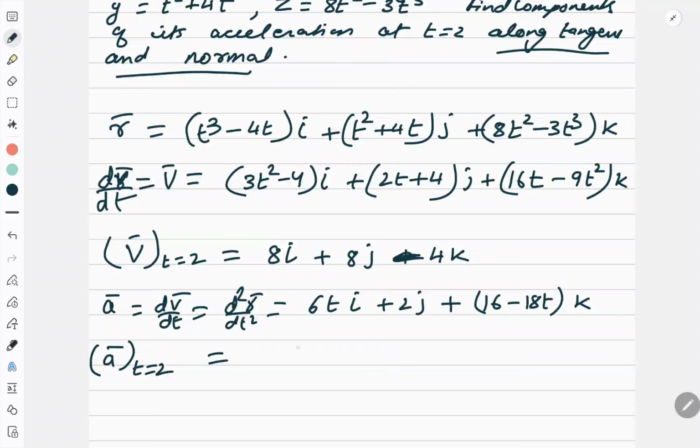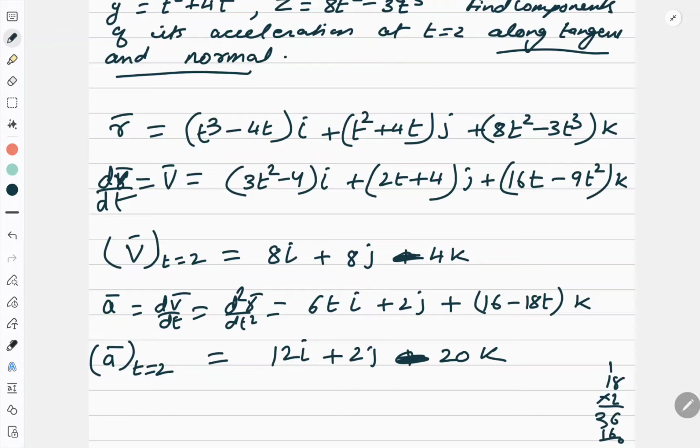So this will be equal to 12i plus 2j plus 18 into 2, you do 36. So 36 minus 16 is 20. So this will become minus 20k. Right? So I got the velocity and acceleration at t is equal to 2.